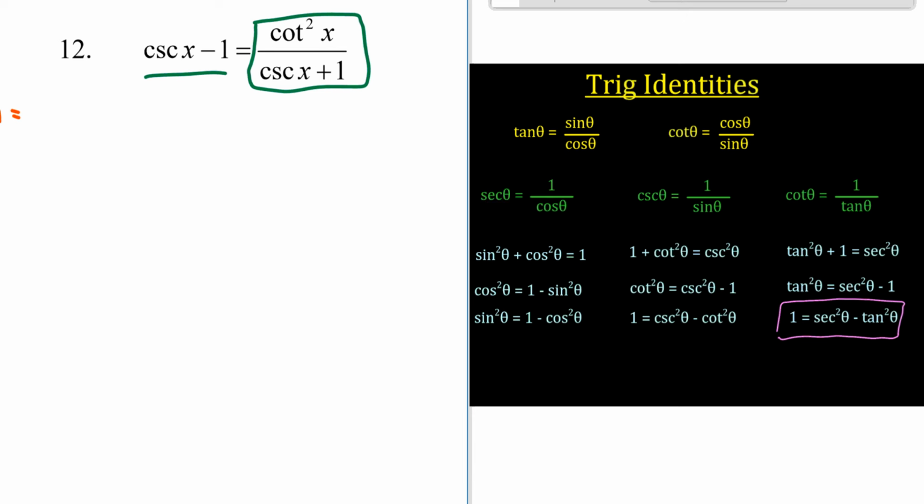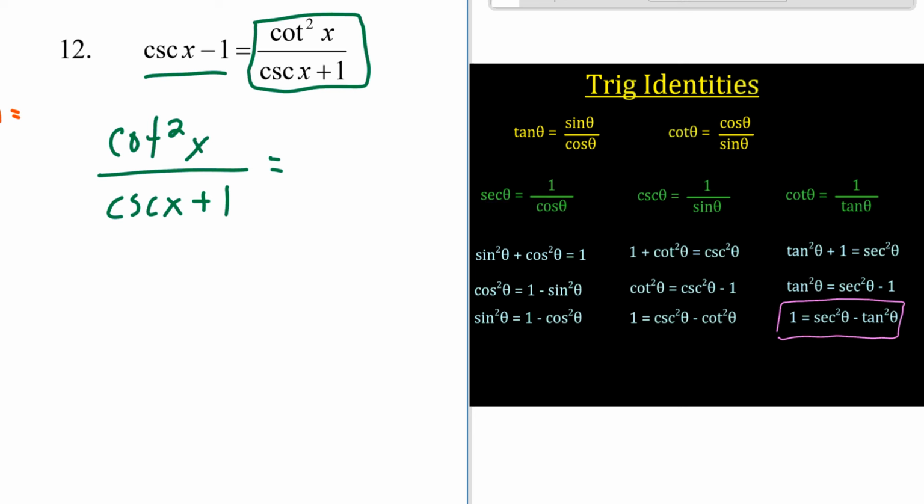I think you could, but it might be a little bit tough. You might change the cosecant x into 1 over sine x, and then try to get a common denominator. It might work. What I'm going to do is work with the right side instead. So let's do cotangent squared x over cosecant x plus 1.